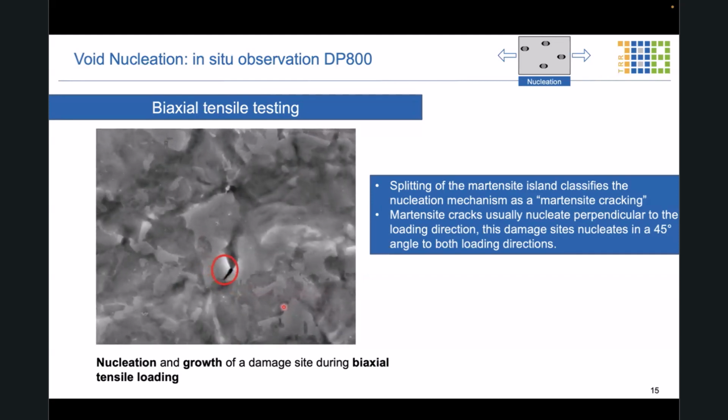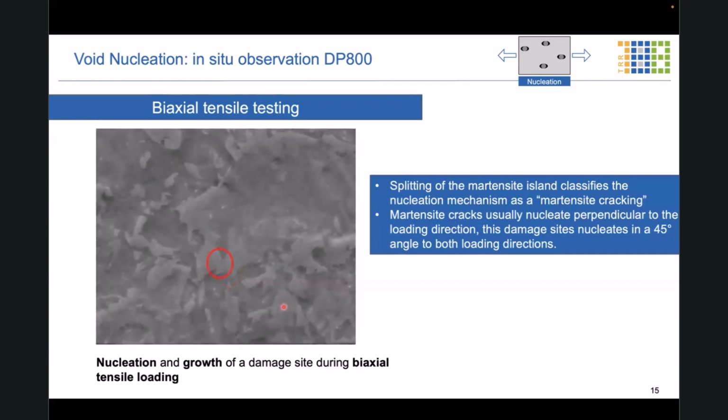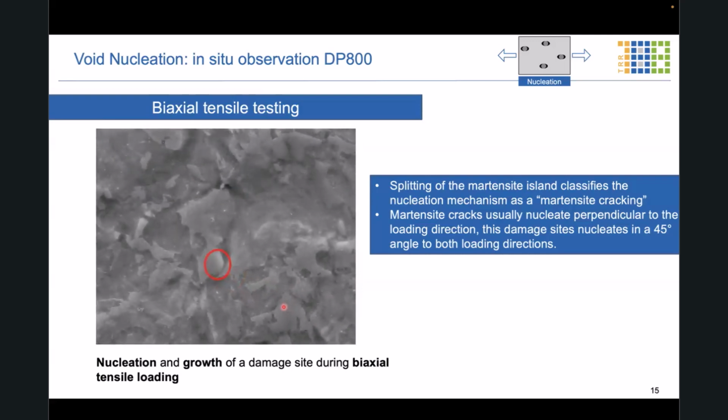And this means also that we understand that simply exceeding a critical fracture stress of the microstructural constituent martensite by the highest tensile stresses is the criterion to be used to predict this behavior.